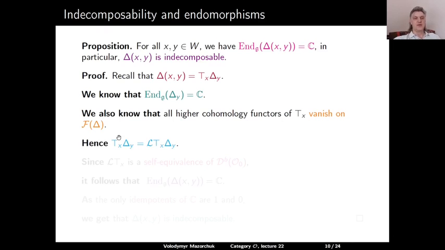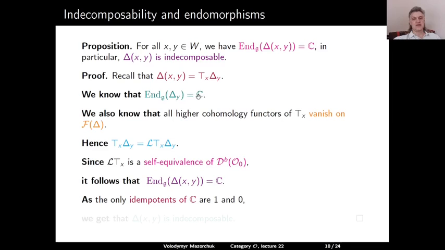Therefore, twisting delta y is the same thing as derived twisting delta y. But the derived functor is a self-equivalence of the bounded derived category, which implies that the endomorphism algebra of delta xy is the same as the endomorphism algebra of delta y, which is the complex numbers. And the only idempotents in C are 0 and 1, which implies that delta xy is indecomposable.